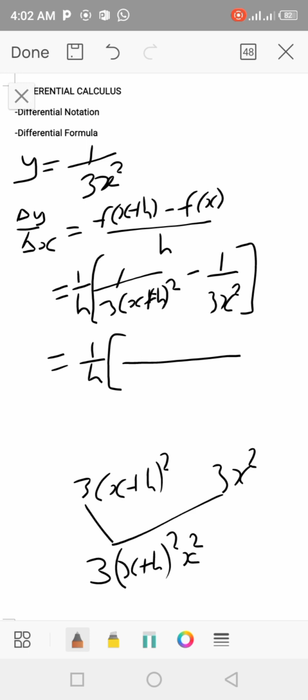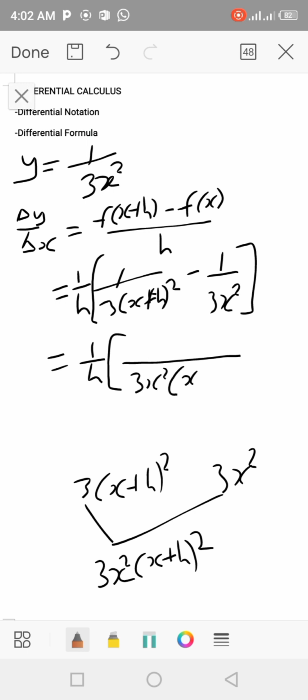So we have 3x squared times x plus h raised to power 2. That's the LCM of the denominators.